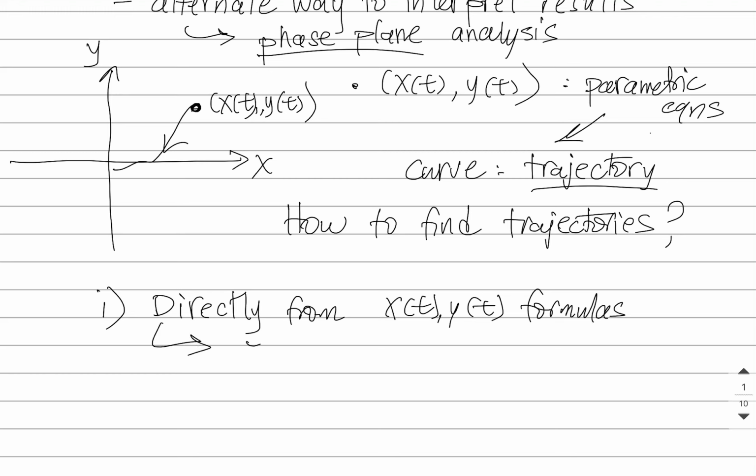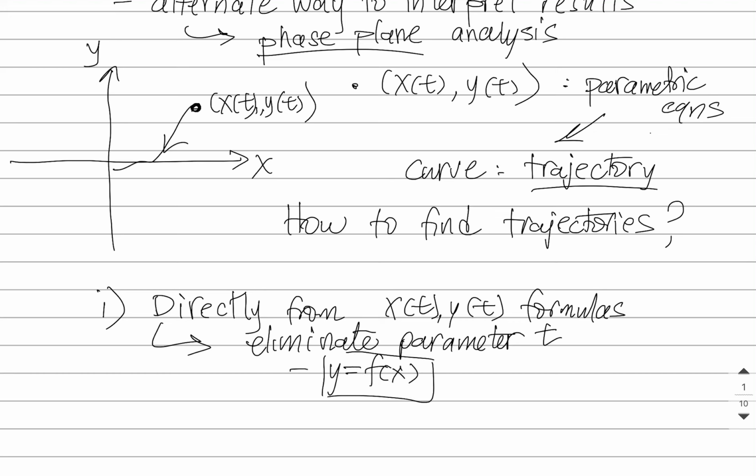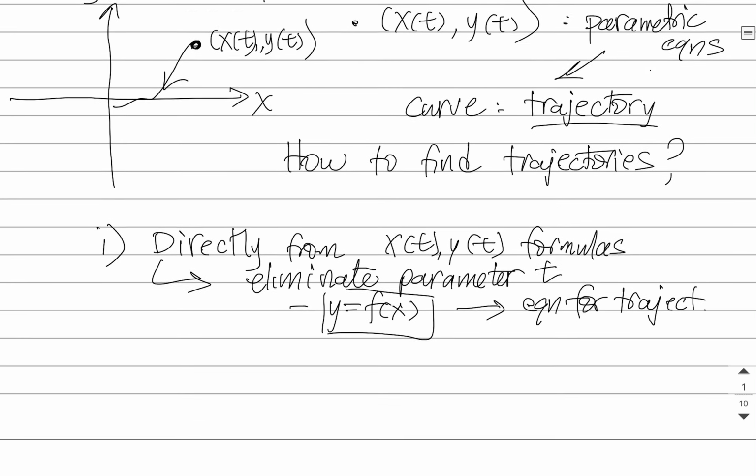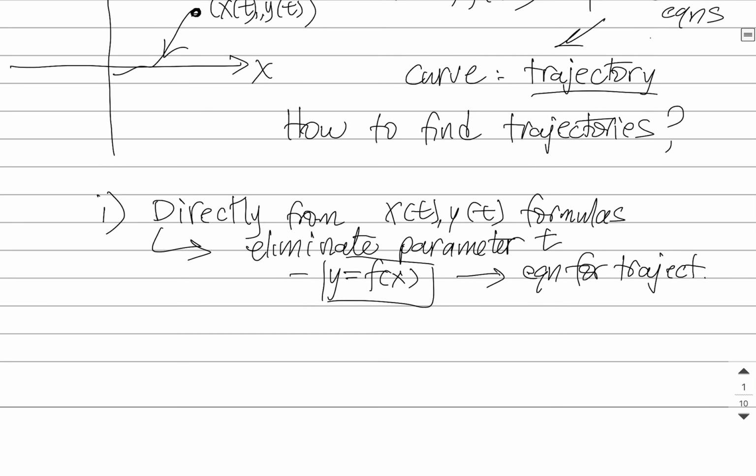And we can do what's called eliminating the parameter, where we try to get rid of the t, and we try to come up with some equation y equals f of x. And this is going to give us a curve or equation for the trajectories. Now, this won't work for every single case, and sometimes we might run into trouble, but it's a very convenient way of doing things.